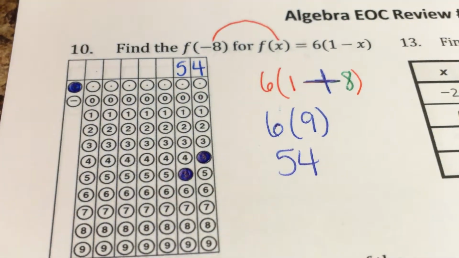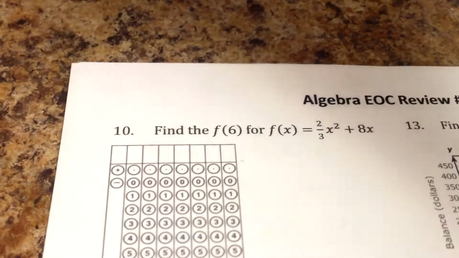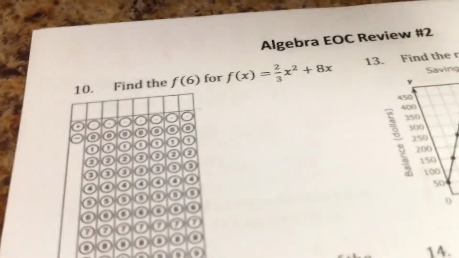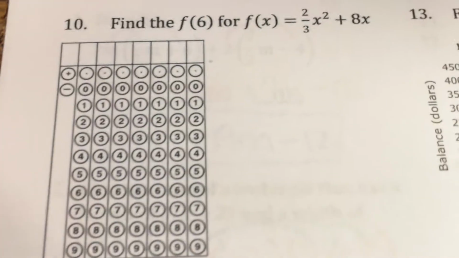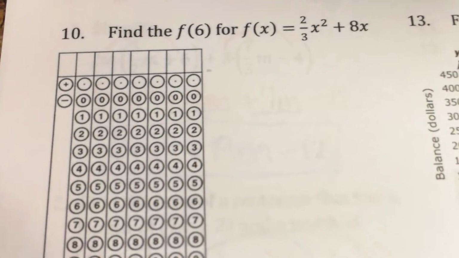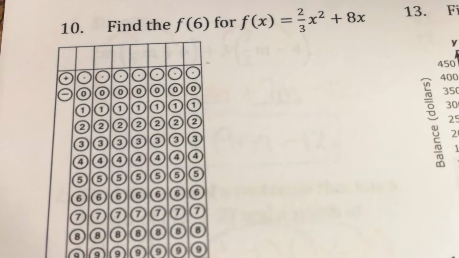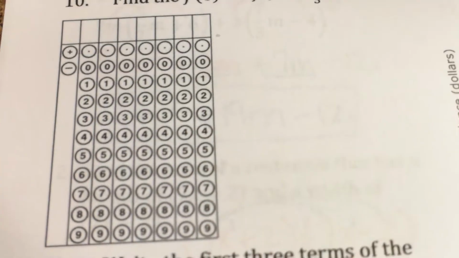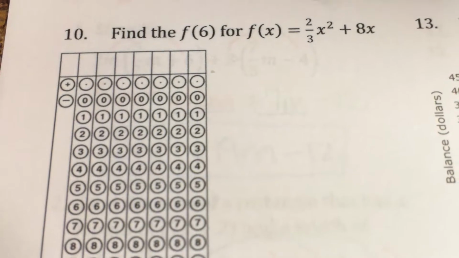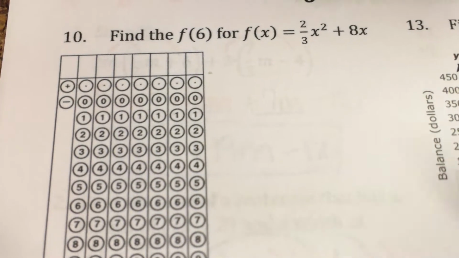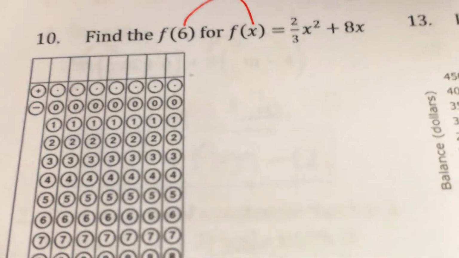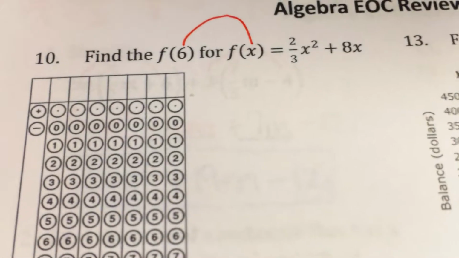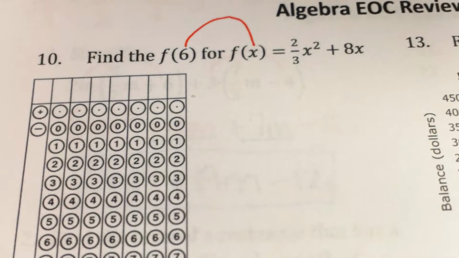Okay, let's go ahead and do another one. This one says find f of 6 for f of x equals 2/3 x squared plus 8x. Once again, the 6 is being plugged in for the x. So we're going to plug in 6 when we see an x.